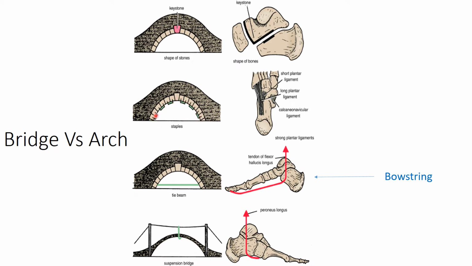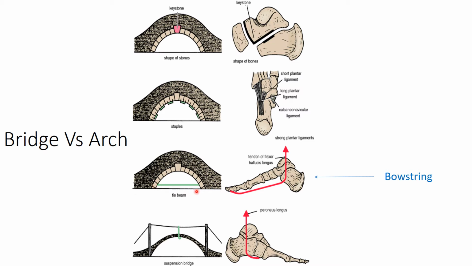Second, these stones are kept in place by staples, which are iron bars bridging the stone portions. Similarly, in case of the arches, the bones are joined to each other by ligaments. Like in the lateral longitudinal arch, we know these are the short and long plantar ligaments, or in the medial longitudinal arch, here is a ligament which supports the head of the talus, which is known as the spring ligament.